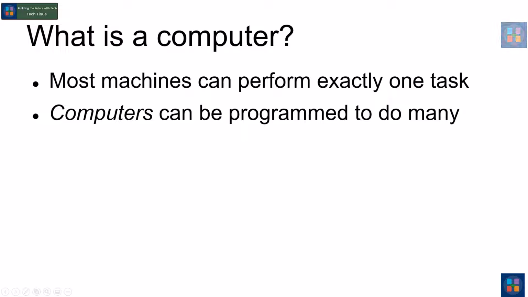Computers, on the other hand, are what separates from these types of machines because they can be programmed to do many tasks. The idea of computers originally was that they were designed to perform mathematically complex operations.